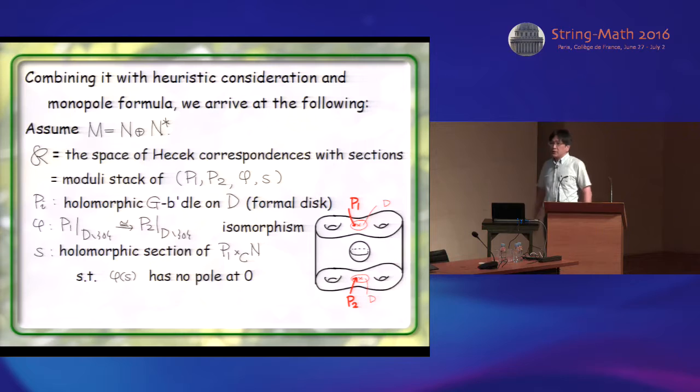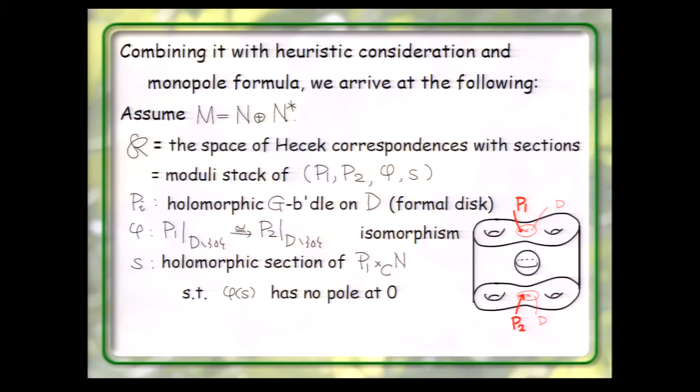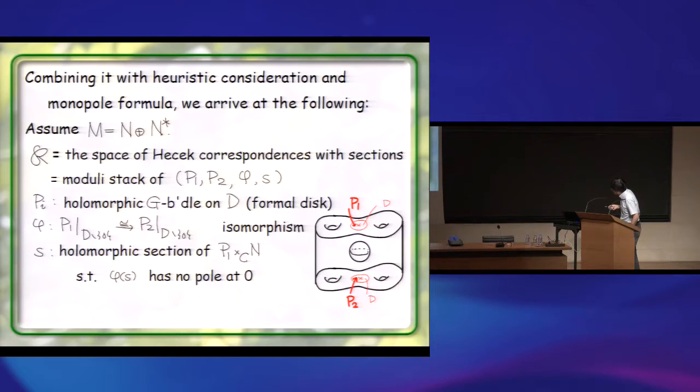So P1 and P2 are almost isomorphic, but they differ at the origin. P2 is obtained from P1 by slightly changing the transition function at 0. And S is a holomorphic section of the associated bundle, P1 associated to the representation N.